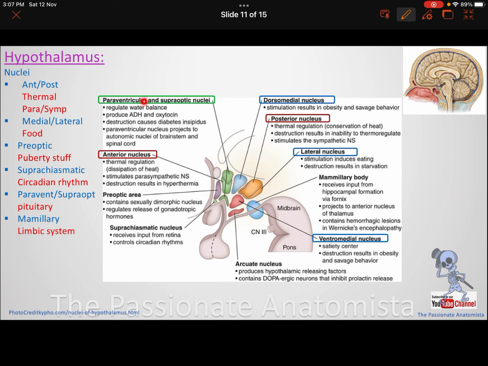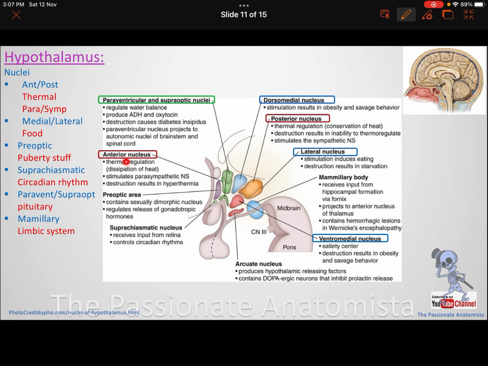I colored these hormones in green because they are related to the pituitary gland. So from here, you form the hormones and you take them by those axons and store them in the posterior pituitary so that you are ready to release them when needed. These two you already studied in the endocrine module, and I'm sure you know their function.